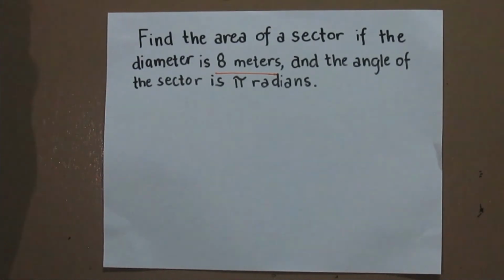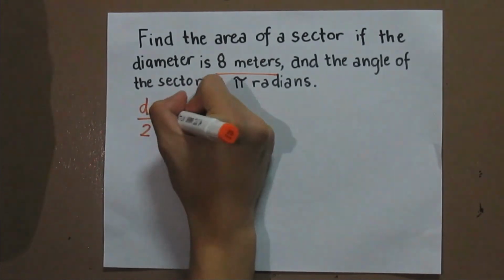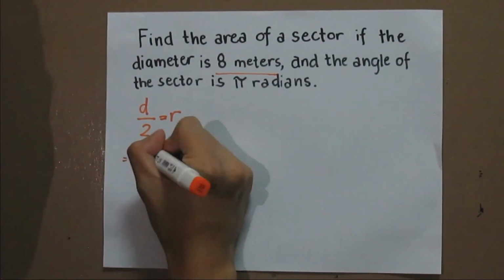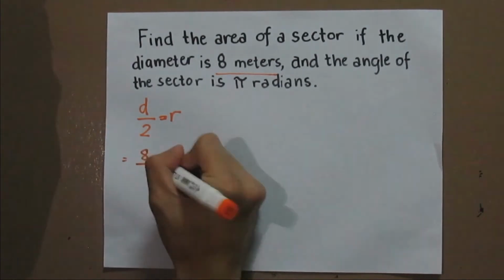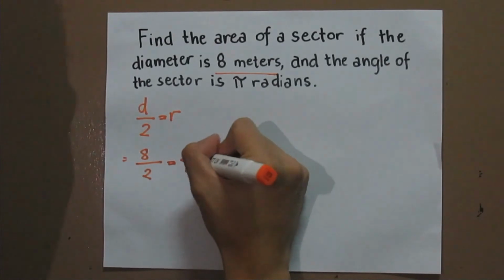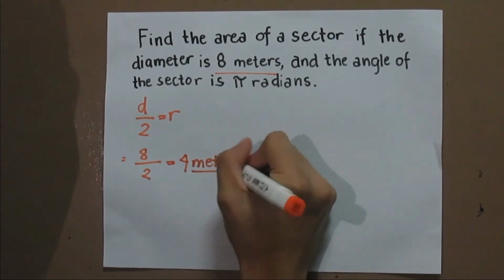So we have the formula, diameter divided by 2 is equal to radius. Now, we substitute the given values: 8 meters divided by 2 is equal to 4 meters, and this will be our radius.